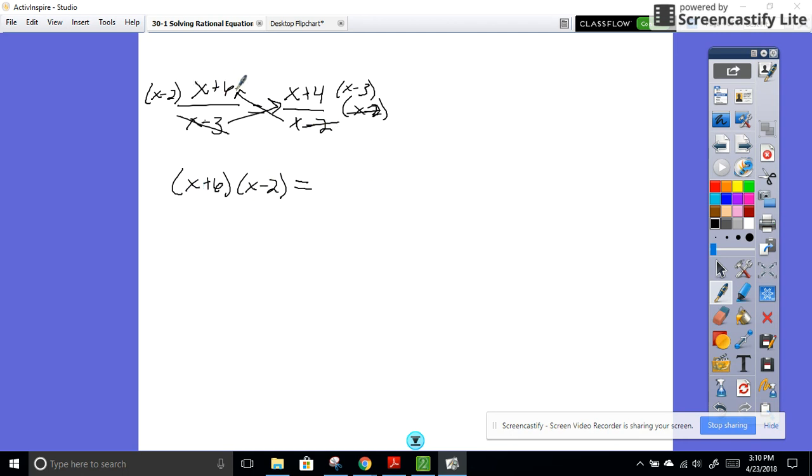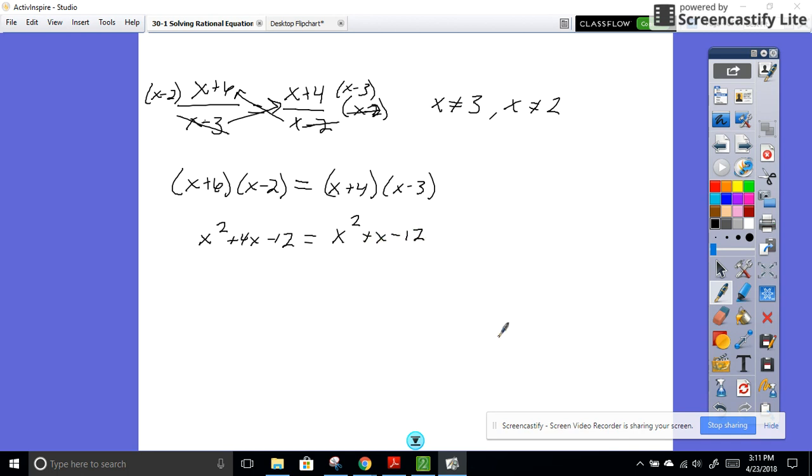Okay, so I've got x plus 6 times x minus 2 and x plus 4 times x minus 3. Okay, remember the original restrictions, my x can't equal 3 and my x can't equal 2 because it was x minus 3 and x minus 2. Okay, this becomes x squared plus 4x minus 12. This becomes x squared plus x minus 12. Okay, subtract x squared from both sides.